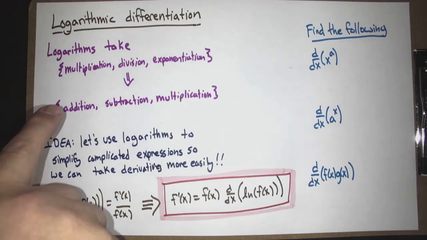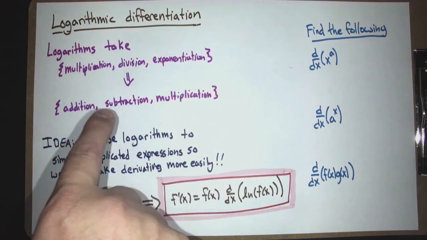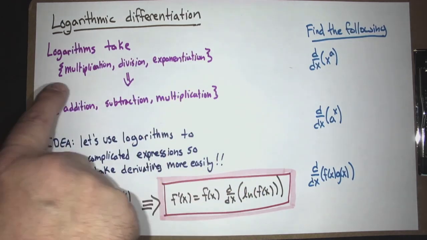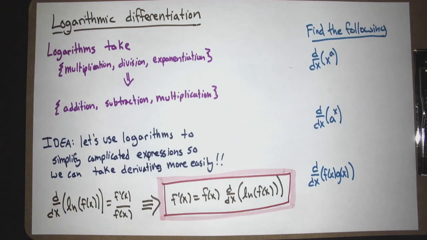Well, logarithms take things like multiplication to addition, division to subtraction, and exponentiation to multiplication. In other words, it takes harder stuff to easier stuff. So we can make life easy for ourselves. That's the whole point. We are taking a logarithm before we take the derivative so that the parts that we actually have to take the derivative of involving logs are simpler.